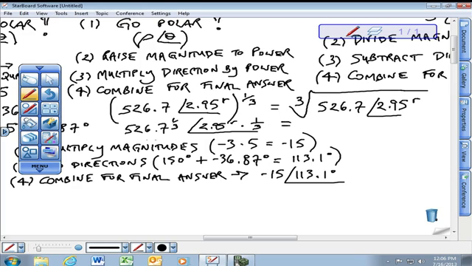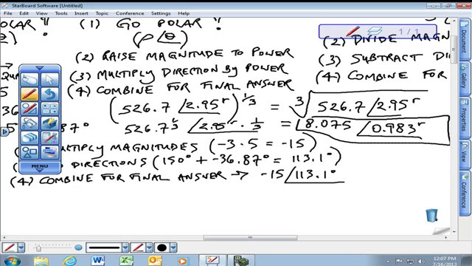So when you take 526.7 and raise it to the 1/3, you get 8.075, and your angle or your direction, 2.95 times 1/3, that gets you 0.983 radians. And this is your final answer. It's that simple.